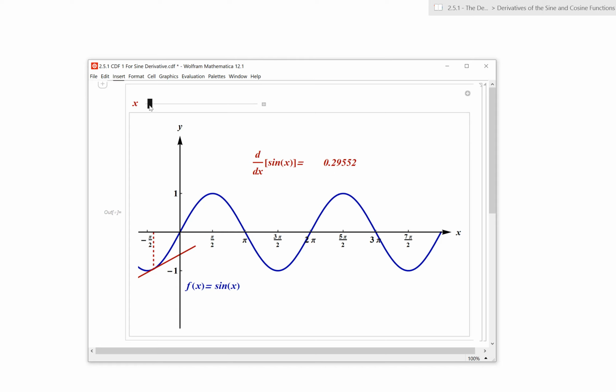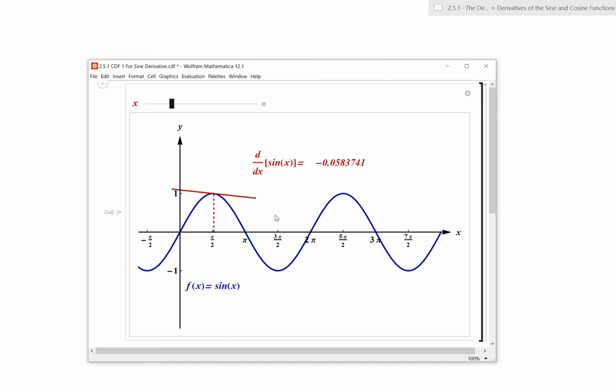In fact, as we move the slider along, we can see the numerical value of the slope getting bigger and bigger, and then right around x equals 0, the slope seems to get really close to 1. As I keep moving and get closer to pi over 2, it eventually gets to 0 again.